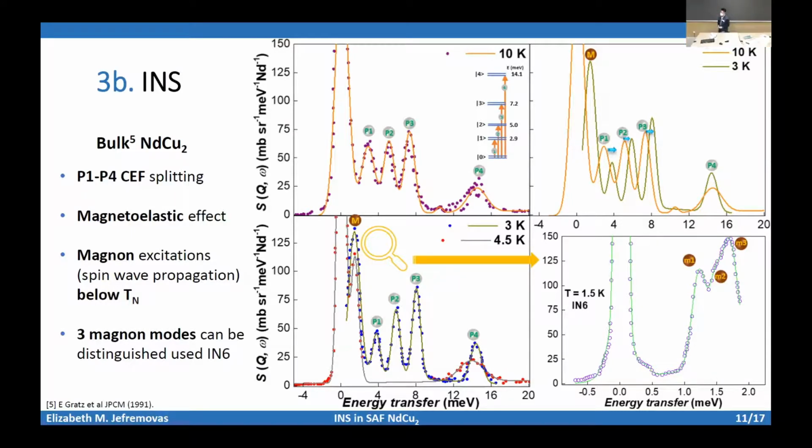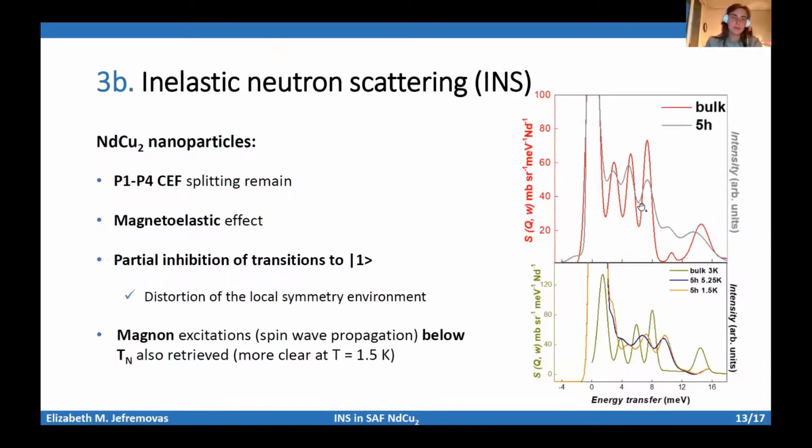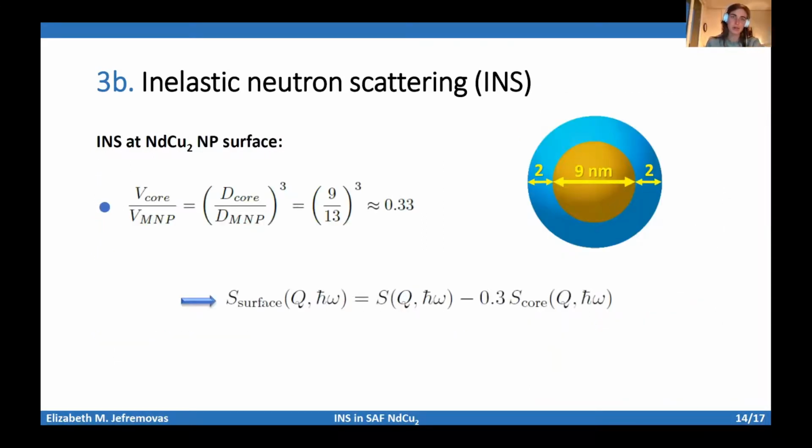So this is about the bulk state. I will skip the bulk state, and if you have some question, just ask me, because the most interesting part concerned the nanoparticles, where the bulk peaks remain. What is more, we decided to separate the surface contribution from the total nanoparticle, just to see whether the crystalline electric field excitation and magnon remain at the surface, not just in the nanoparticle state.